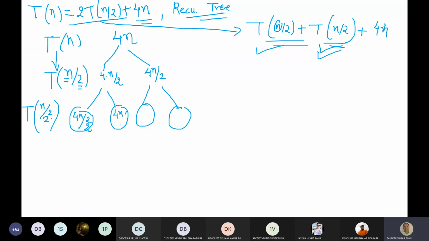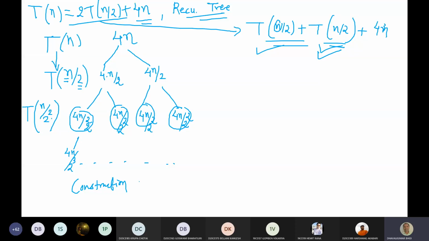The same way we can write here as well 4n divided by 2 square, and here as well 4n divided by 2 square. The same way the next term will be 4n divided by 2 cube and so on. This is the construction of the recurrence tree.